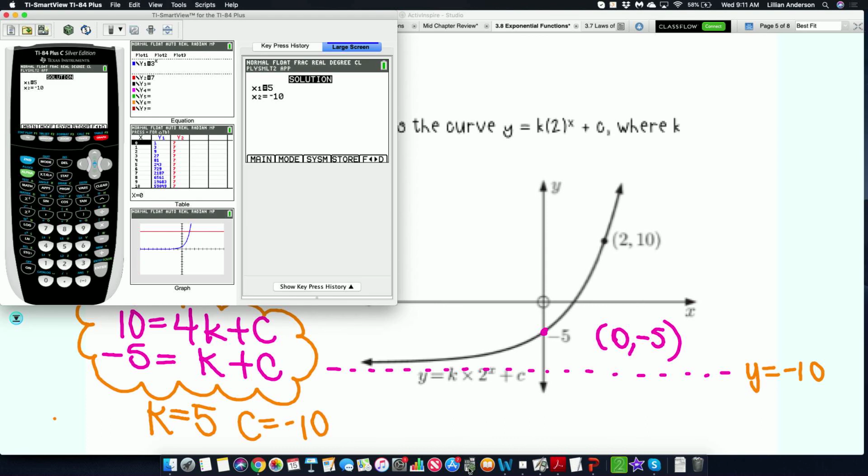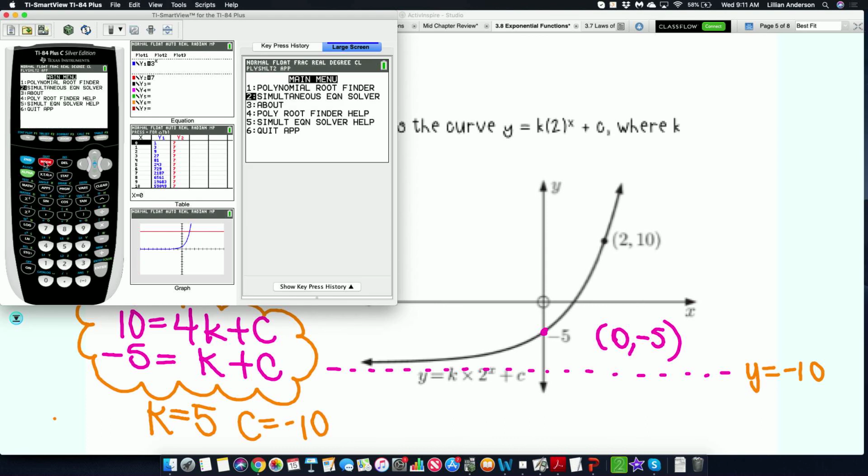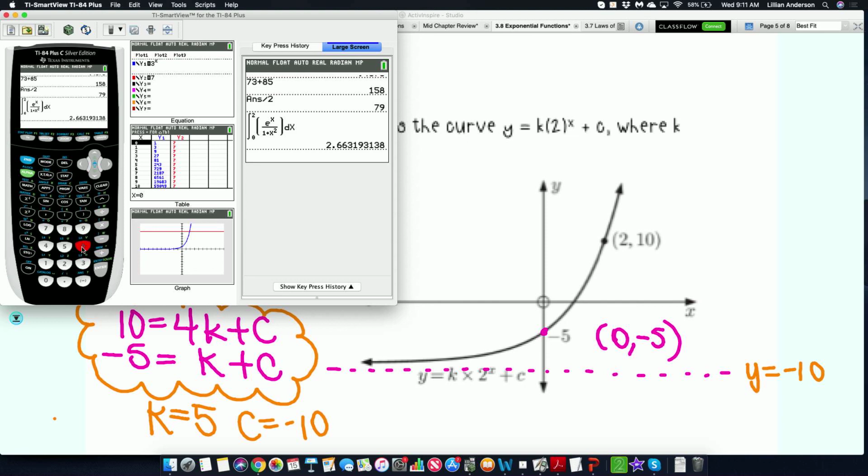Remember, if you try to do it with the matrix, let me get out of this. With the matrix, you go to second x to the -1. You have to edit your matrix. It is a 2 by 2, and you include the variable side. So that's going to be 4 and 1, 1 and 1.